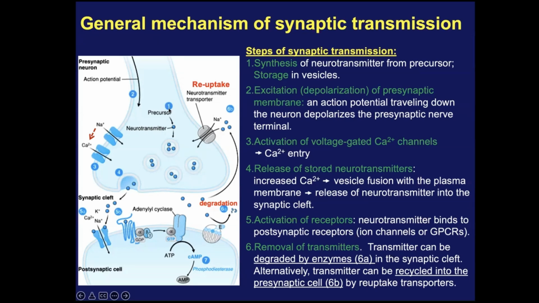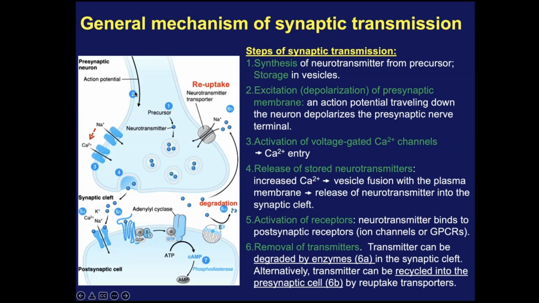In the first step, the neurotransmitter is synthesized from precursor inside the presynaptic neuron. And once the transmitter is synthesized, it is transported into the lumen of the vesicles, and they are stored here.